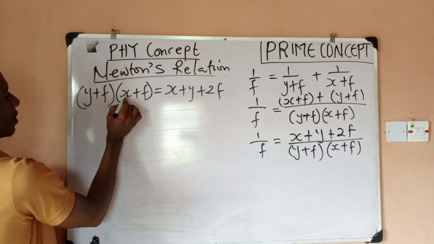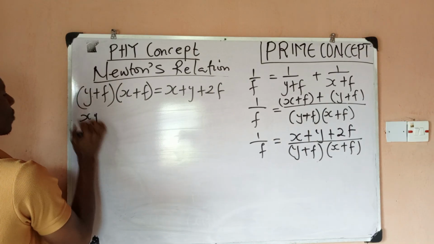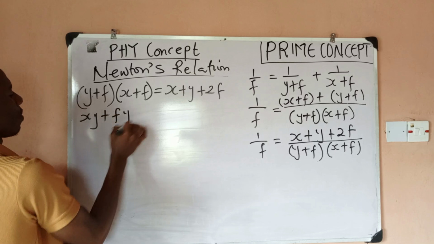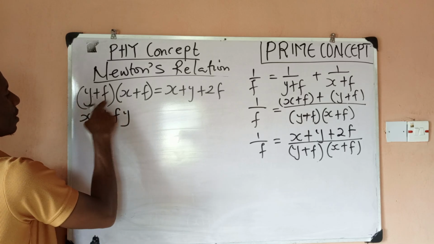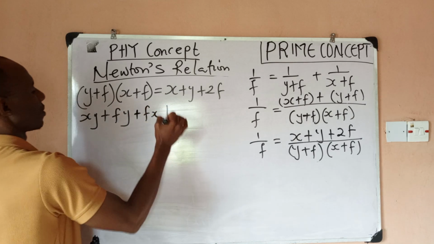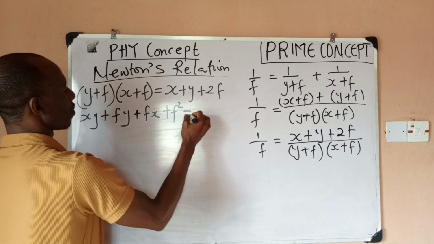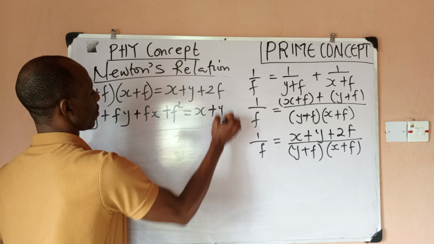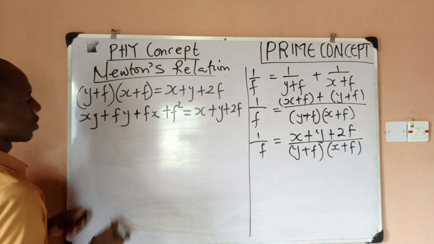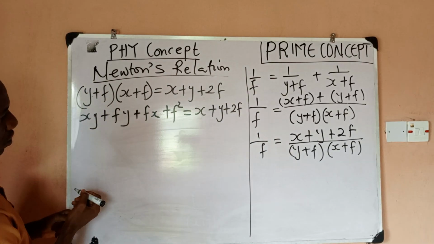Now, y times this is going to give me xy. Y times this is going to give me fy. This times this is going to give me fx. This times this is going to give me f squared equals what? X plus y plus 2f, right? So what can we do here?